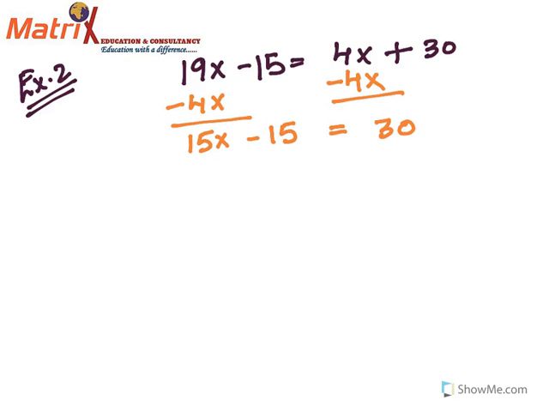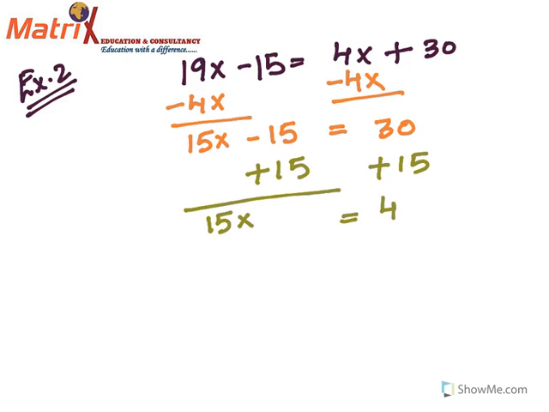After this, we have to put the non-x terms together. I do plus 15 on both the sides because we have still not combined the like terms. So we get 15x, and this will be 0, so we do not need to write 0. This gets cancelled and this becomes 45.